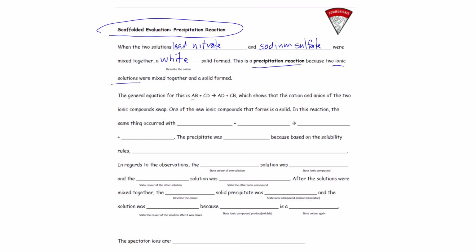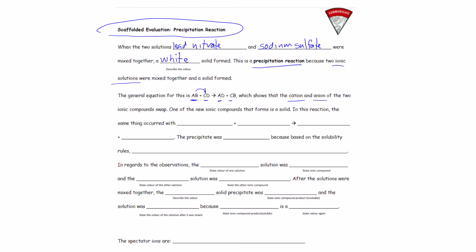The general equation is AB plus CD gives AD plus CB, so there's a swap going on, which shows the cation and anion of the 2 ionic compounds swap. One of the new ionic compounds formed is a solid.